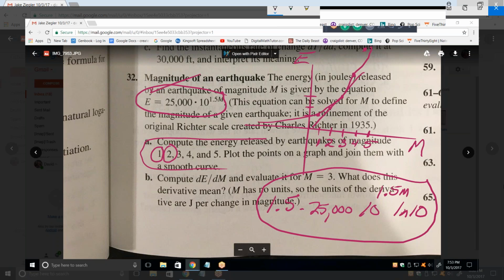And if I evaluate that at a value of 3, then I get 1.5 times 25k times 10 to the 4.5 times the natural log of 10. And that would be the slope of the tangent line when the magnitude is 3.